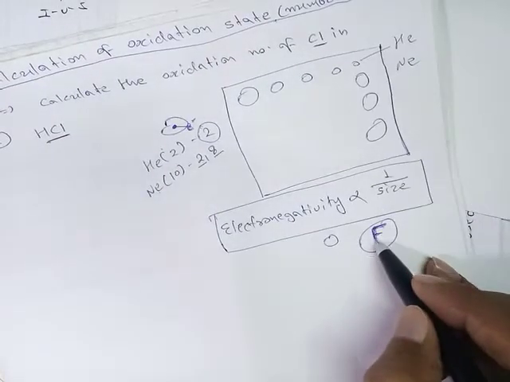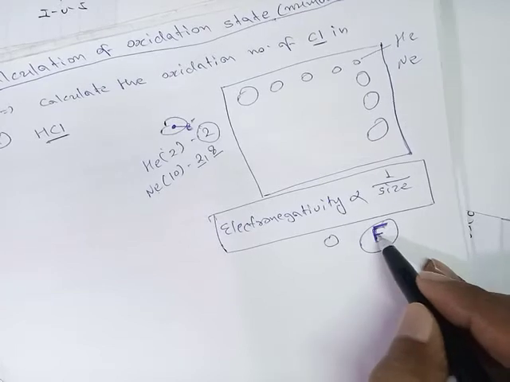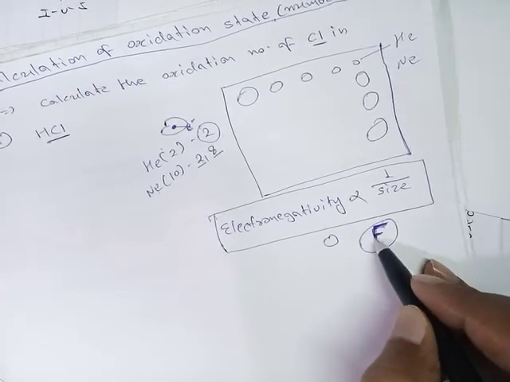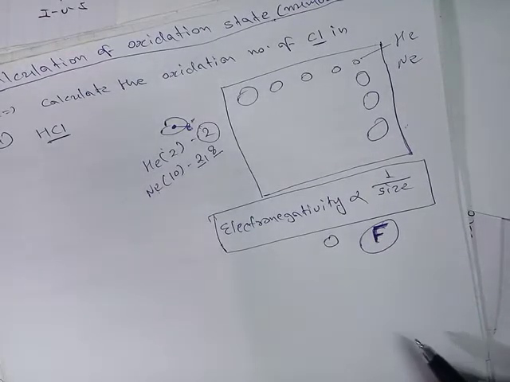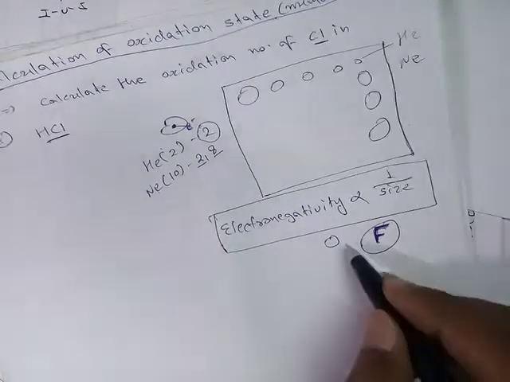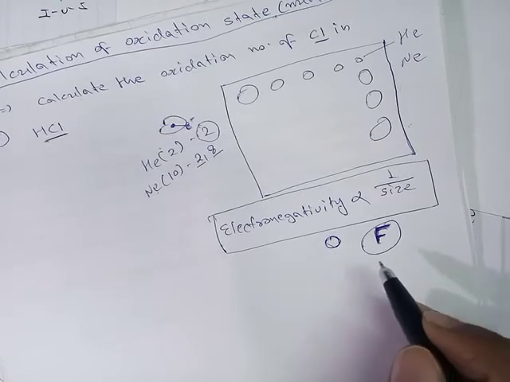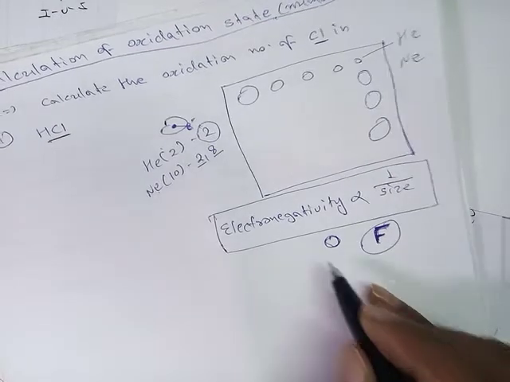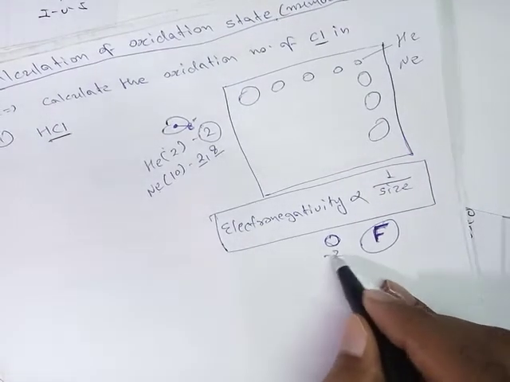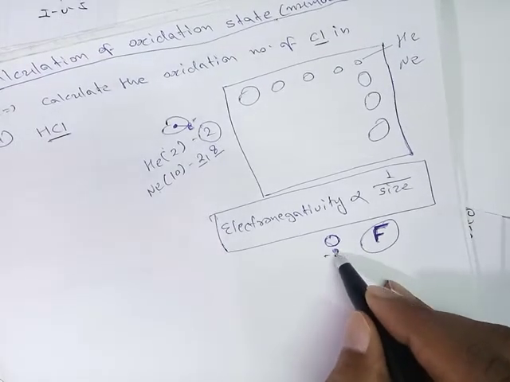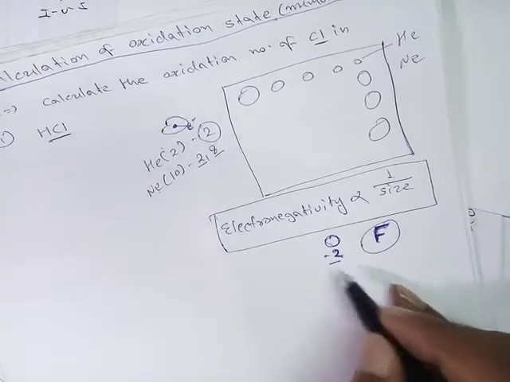Fluorine is the only element which cannot donate electrons to any other atom. Oxygen is also a highly electronegative element. It accepts two electrons. So in most compounds, the oxidation number of oxygen will be -2.